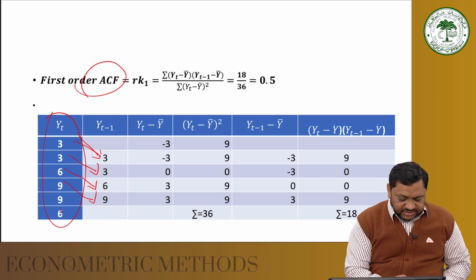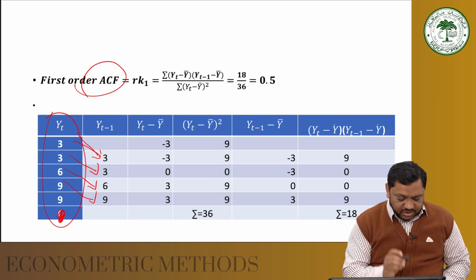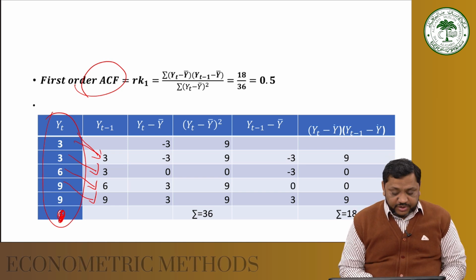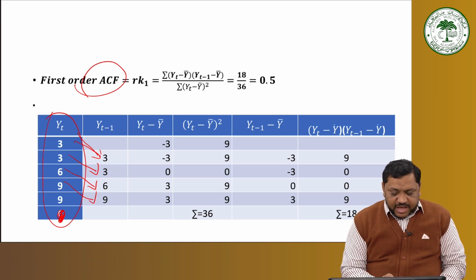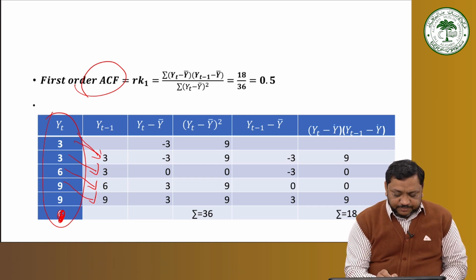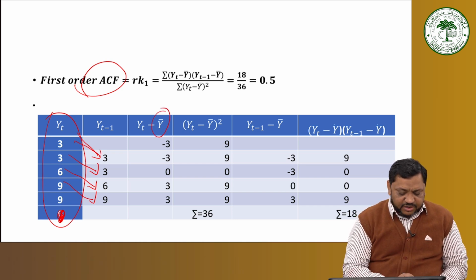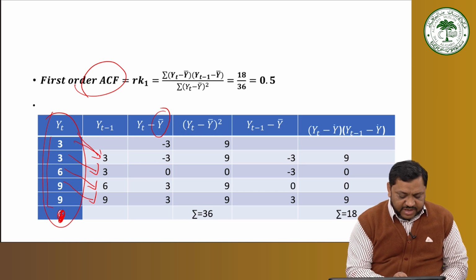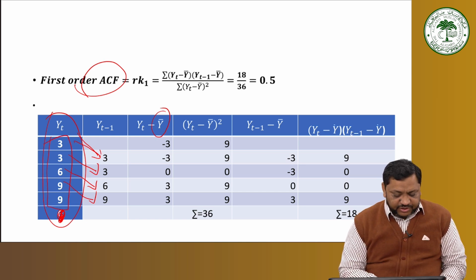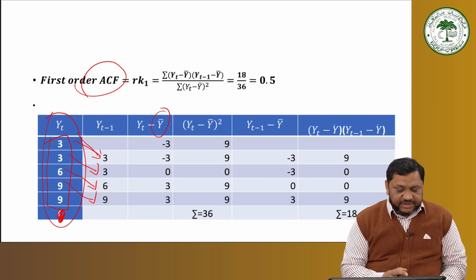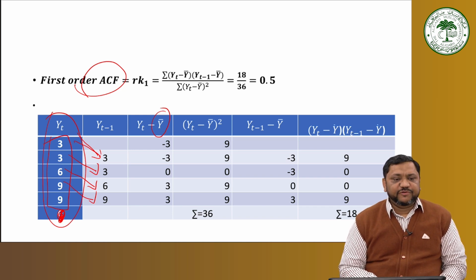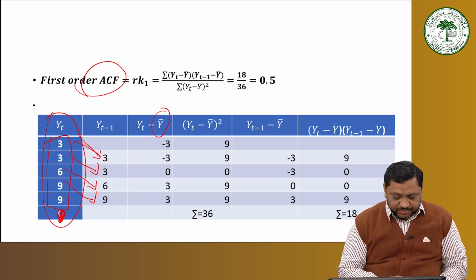Okay, so this 6 is an extra number over here, just ignore it at the moment. Then we take the mean of y. We add all these numbers, 3, 3, 6, 9, 9, and divide by 5. So we get the mean as 6.